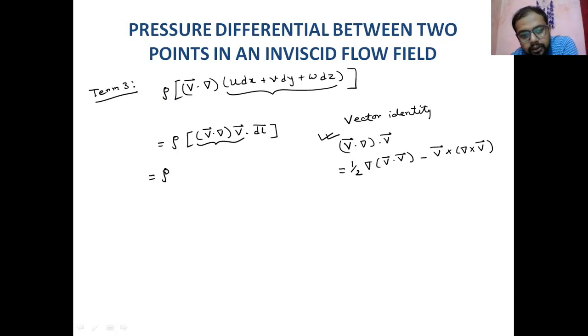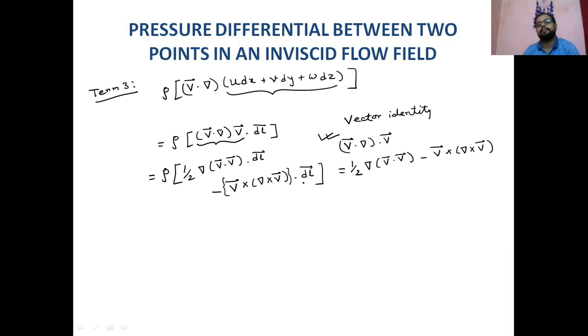It is coming rho half del operator of v dot v into dl, because dl is multiplied with both terms the same way, minus v cross del cross v, that will be multiplied with dl. So ultimately the third part can be reduced.